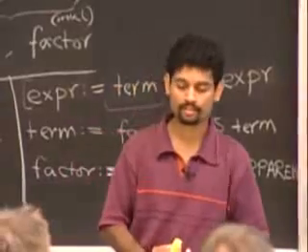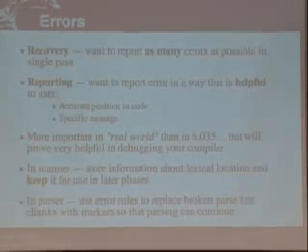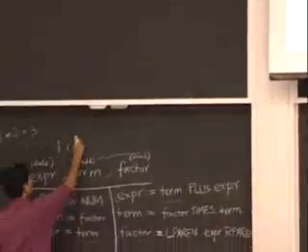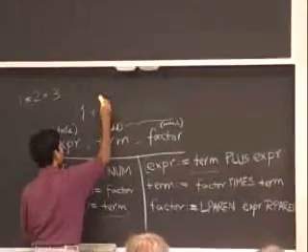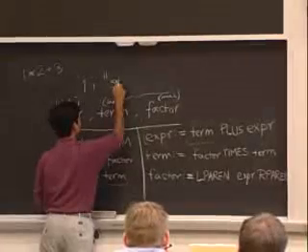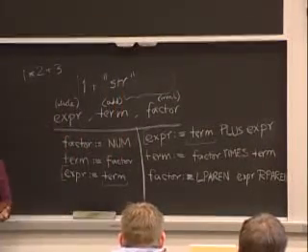And in the parser, I think we'll have more to say about this as we get to the parser in detail. But if you can't parse something, imagine for a moment that you were trying to parse this.